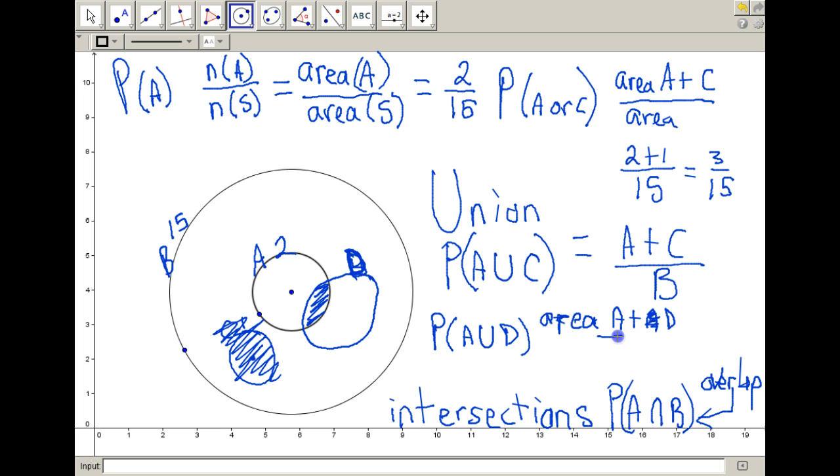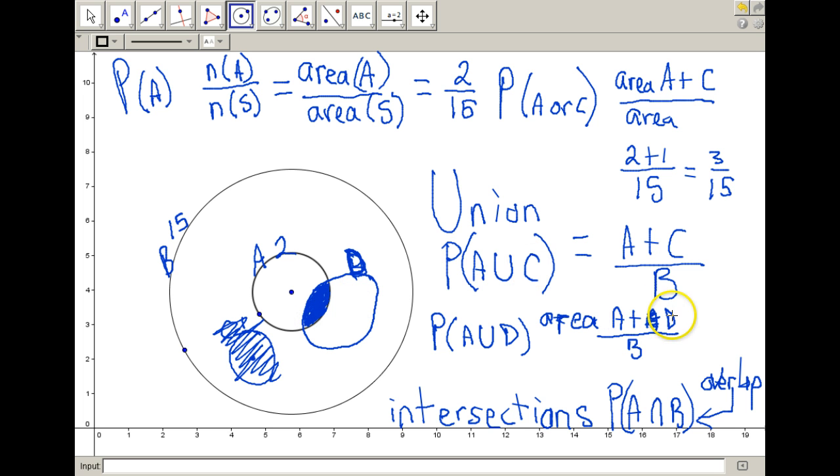And I divide them by the area of B, right? But there's a problem. Because if I include this area when I calculate the area of A, then I've already counted for it. And then when I calculate the area of D, then I will have double counted it, right?